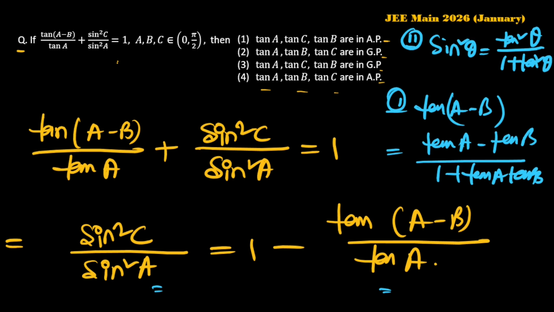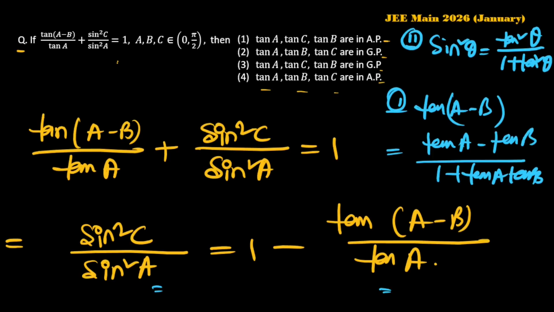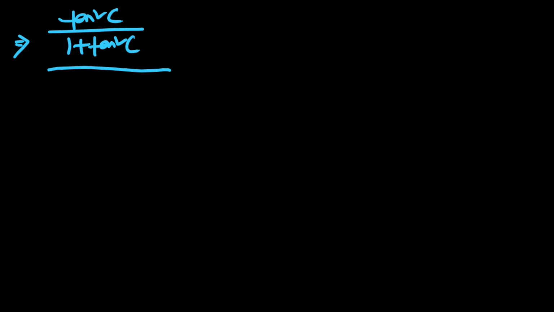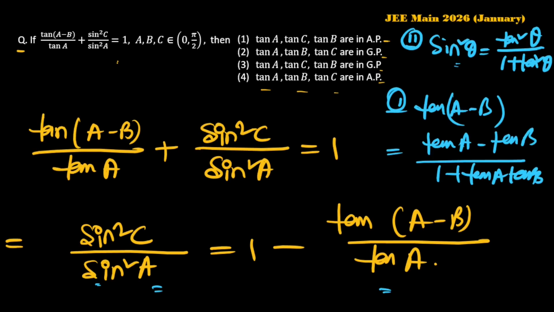Therefore we convert them one by one. We write sine square C first, using sine square theta: sine square C is equal to tan square C over 1 plus tan square C. Next, we convert sine square A, that is tan square A over 1 plus tan square A, and that is actually 1 minus tan of A minus B, where we put the formula for tan of A minus B here.